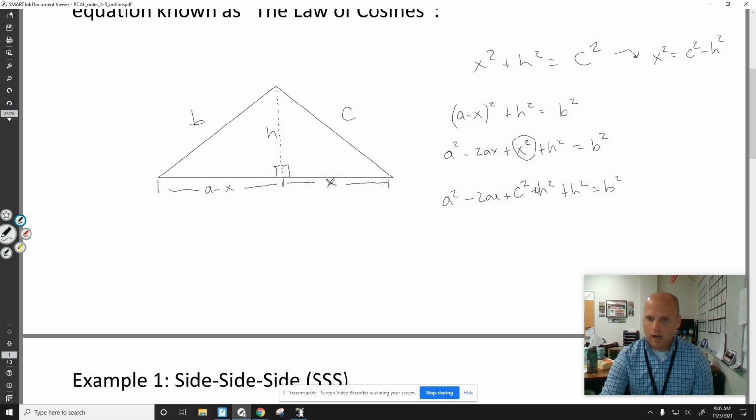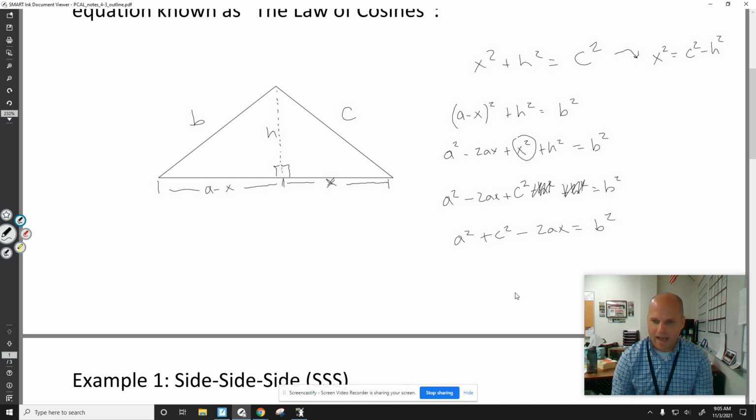Naturally, when replacing x squared with what it's equal to, using the Pythagorean theorem from the other triangle, I have a negative h squared and a positive h squared. The h squareds are gone, giving me a squared minus 2ax plus c squared equals b squared. Or I can write it as a squared plus c squared minus 2ax.